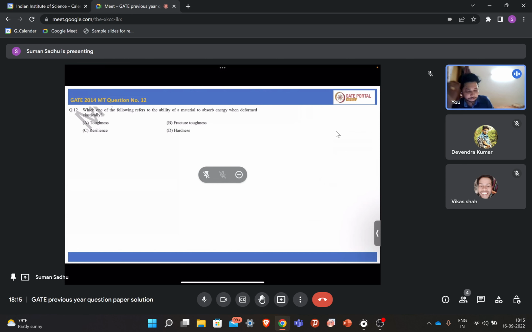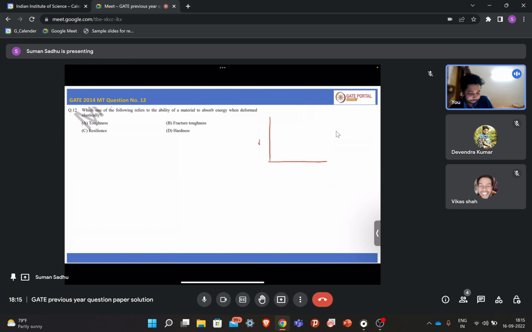So if I draw the stress strain curve, how will the curve look? This is sigma, this is epsilon. Initially the material deforms elastically and after that it starts to deform plastically, right? If it is a ductile material, then the stress strain curve looks like this.